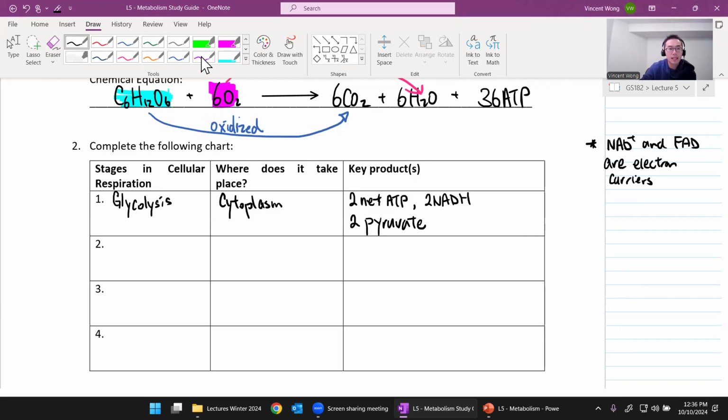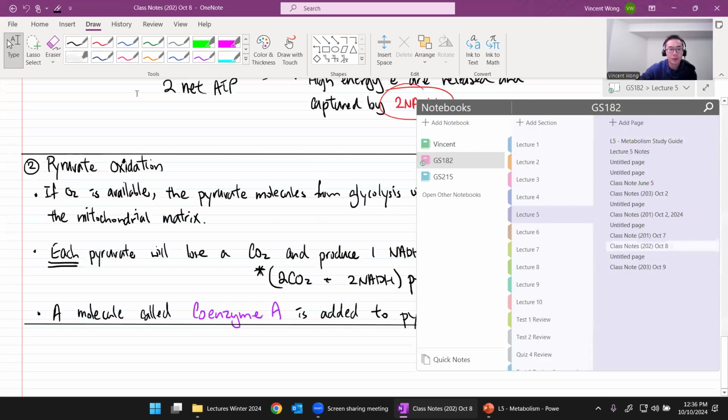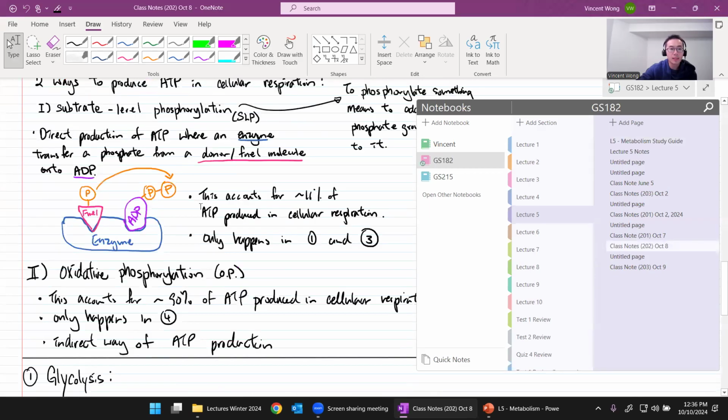So these ATPs that we got, they are directly produced by substrate level phosphorylation. And that's what we learned last time. Let me just jog your memory a little bit. There are 2 ways to produce ATP.